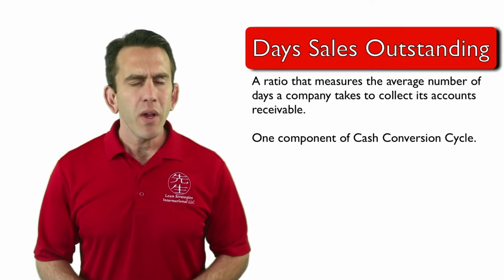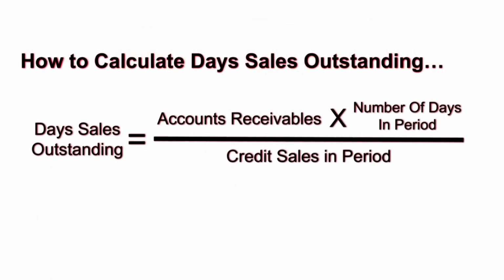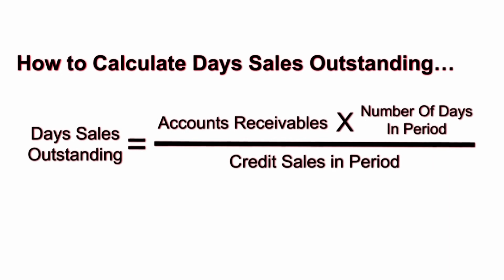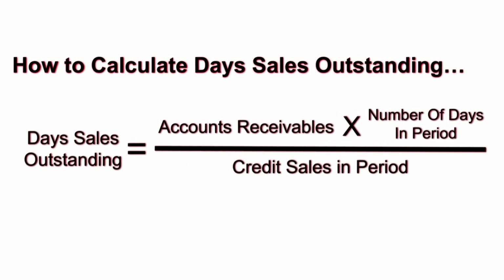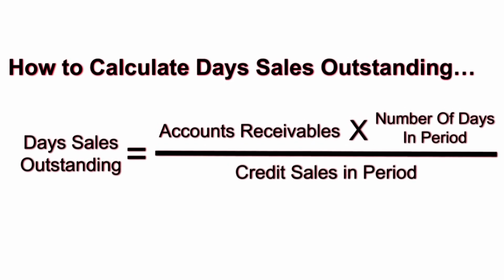So, how do we calculate DSO? DSO is calculated with the formula shown here. DSO equals accounts receivable multiplied by the number of days in the period divided by the total credit sales.